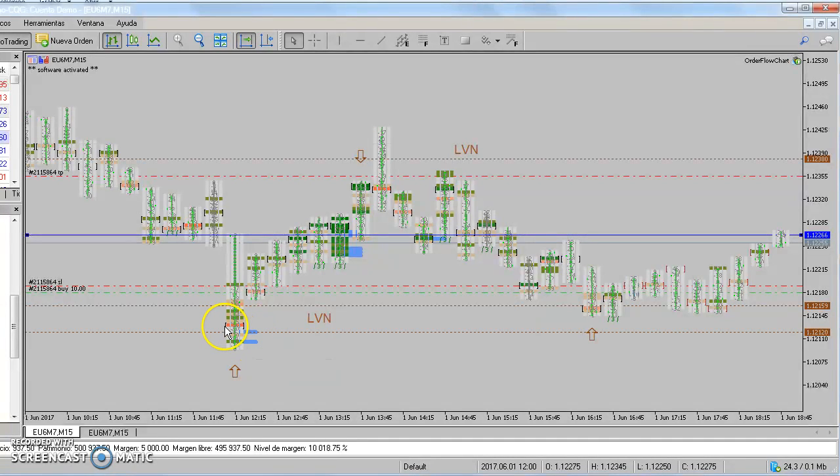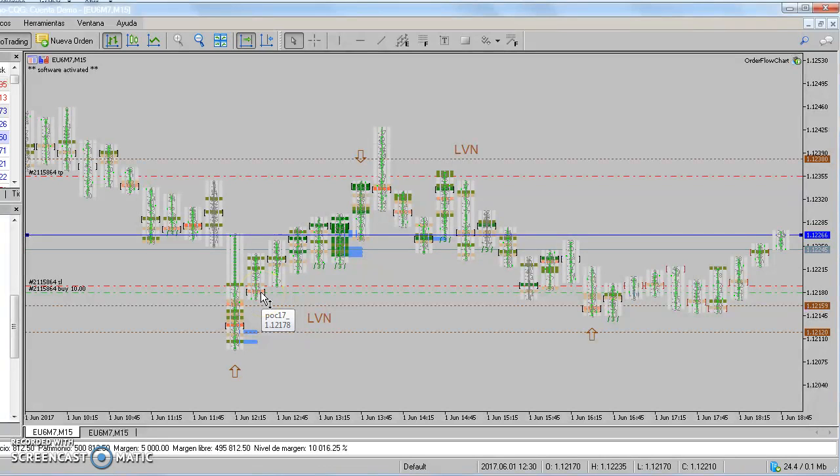This bracket means the POC, or point of control, where the most volume activity happens on that particular bar. The next bar confirms the strength, because it was an up bar, and the point of control is above the previous one. That is what I was waiting for to enter the trade. That was the first opportunity to go long.